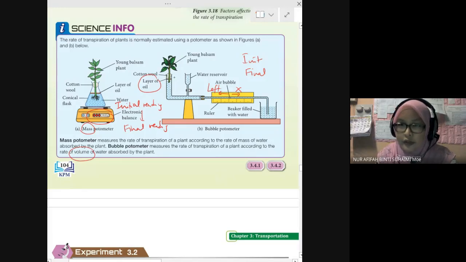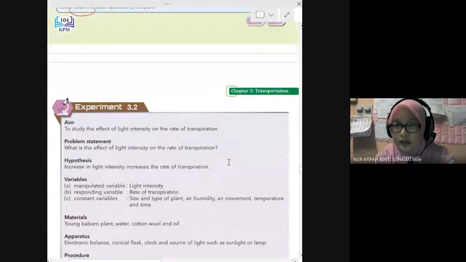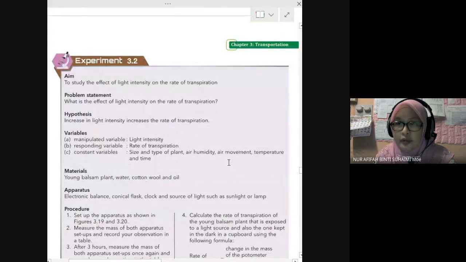If you don't put cotton wool and a layer of oil, this water will evaporate to the surroundings. Then it will affect our experiment reading, and the reading will not be accurate.